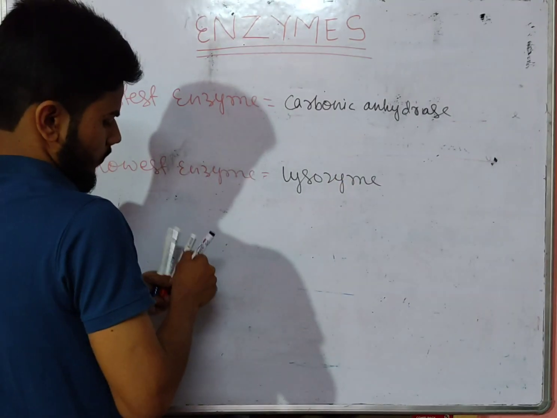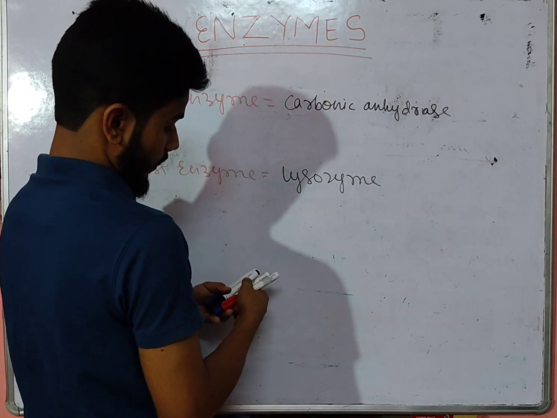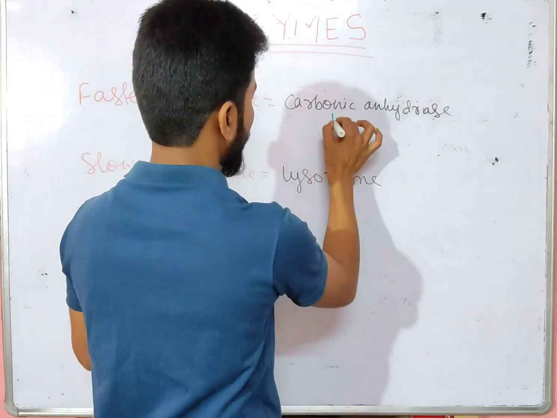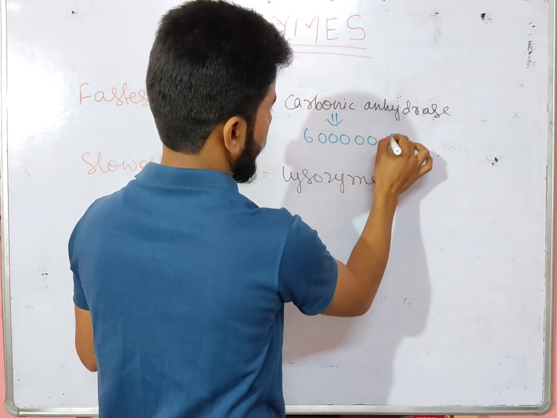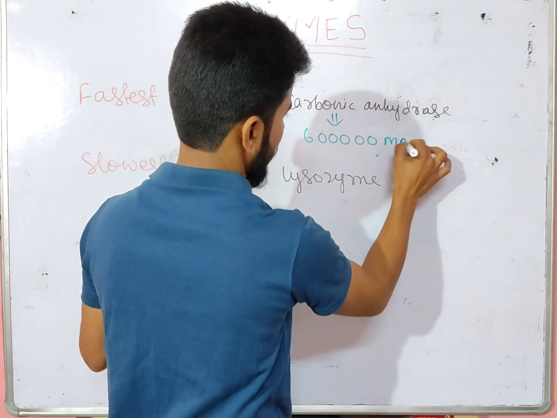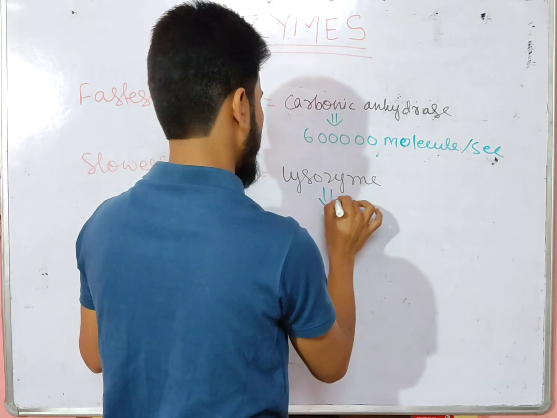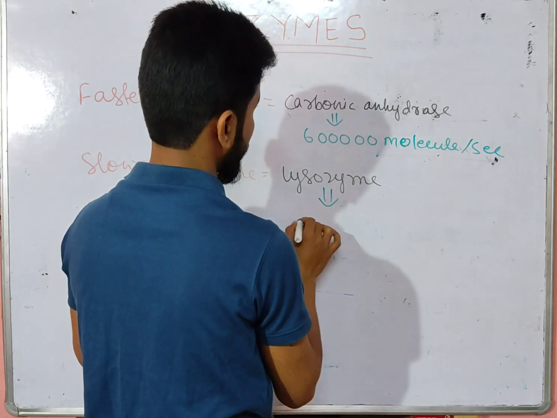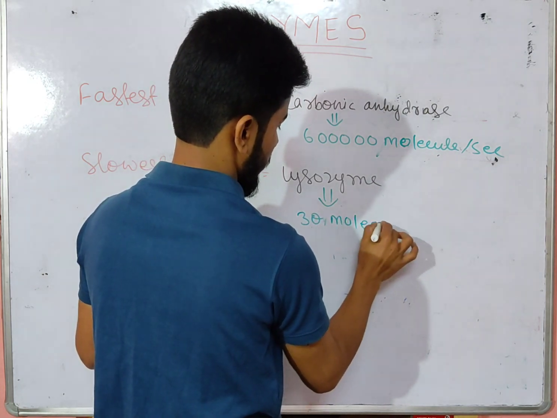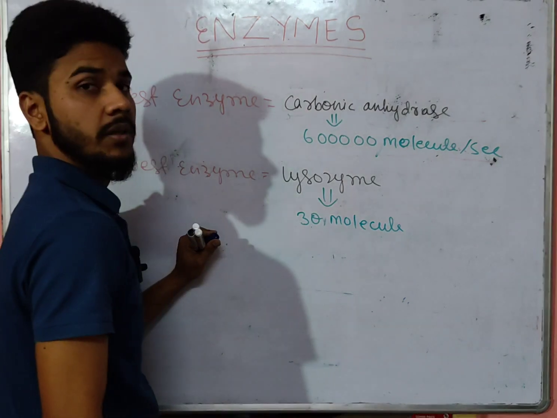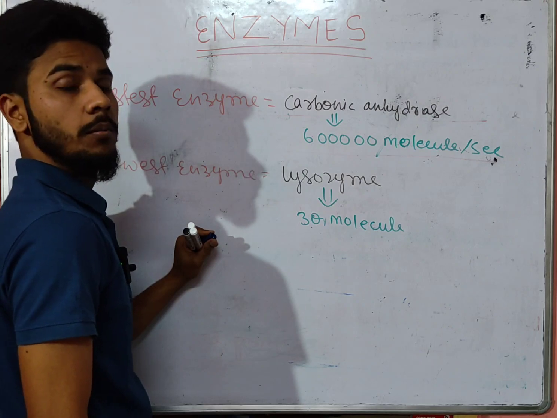If we compare, you must know that for carbonic anhydrase the rate of formation of molecules is 6 lakh molecules per second, and in case of lysozyme it is 30 molecules per minute, which means half a molecule per second.